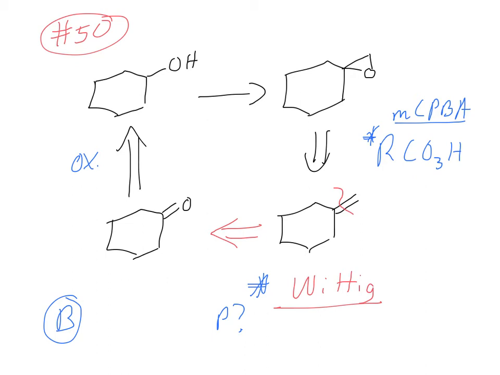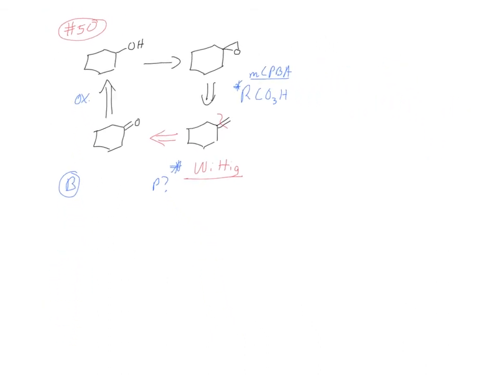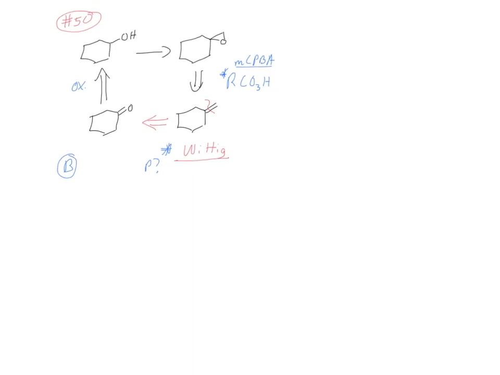So let's convince ourselves B is right by proving that the other ones are wrong. I've convinced us B is correct, but let's look at why, in particular, something like D is wrong. So D, if I had those reagents, I would have an alcohol, H plus and heat.